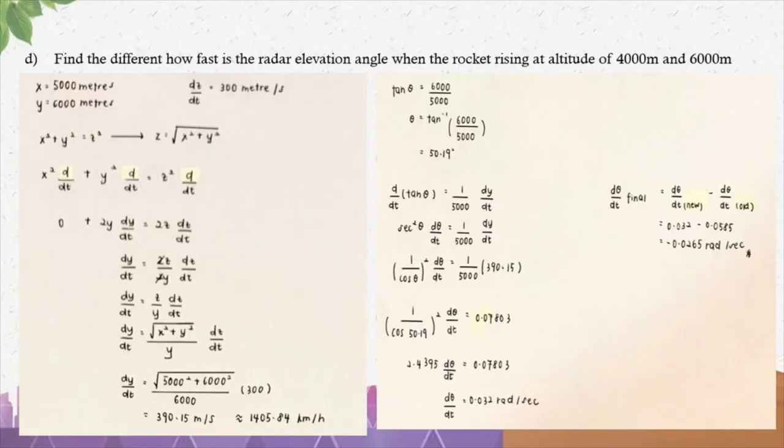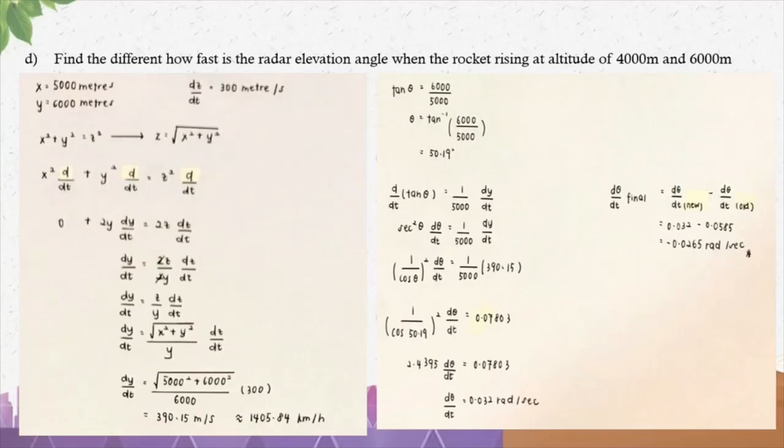Put the value of s equal to 5,000 meters and y equal to 6,000 meters, and dz per dt is 300 meters per second. Then we calculate it. We got dy over dt is 390.15 meters per second.